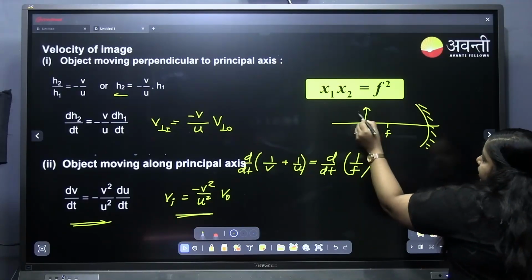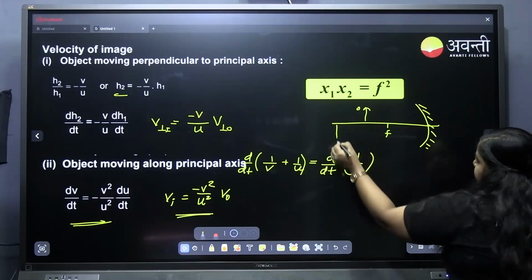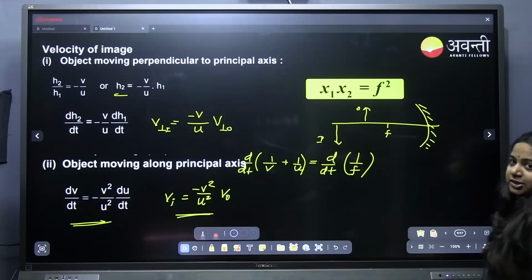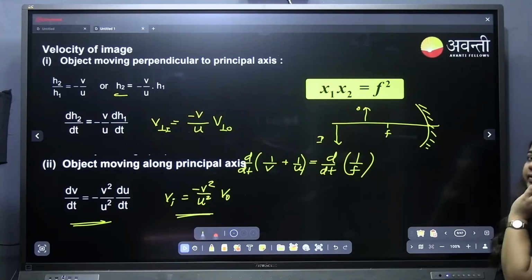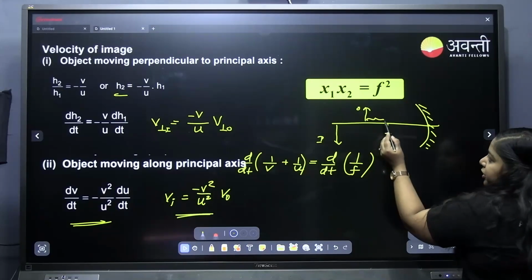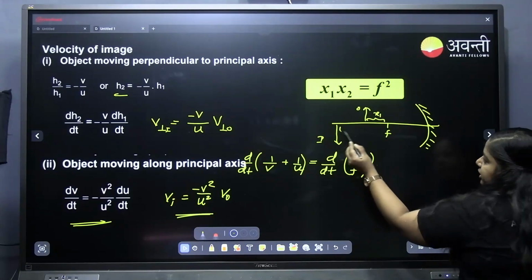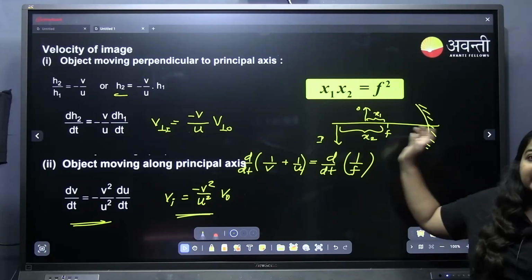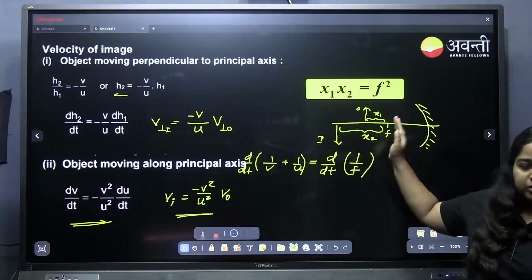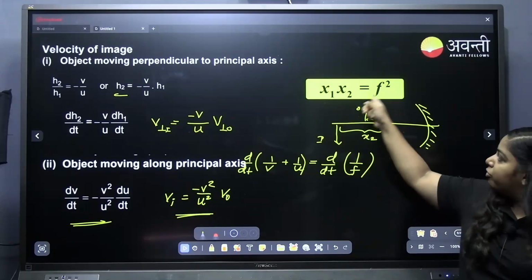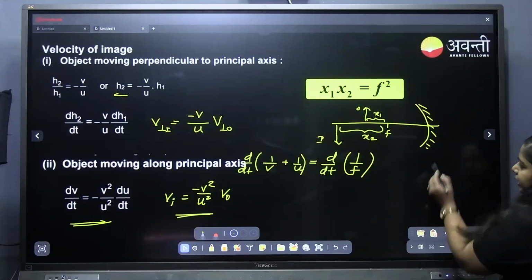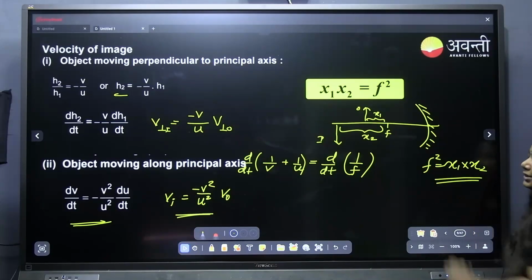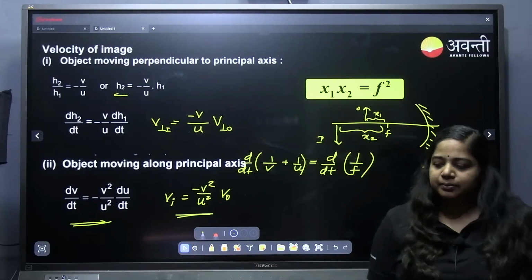Here is the object O, and here is the image I. The distance from object to mirror is u, and from image to mirror is v. x1 is the distance from object to focus, and x2 is the distance from image to focus. If only the distances of object and image with respect to the focus are given, f square equals x1 into x2. This is Newton's formula for spherical mirrors.